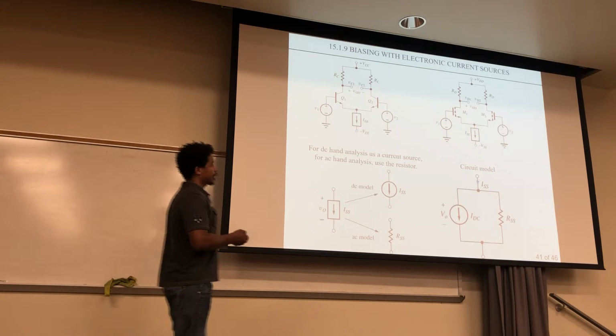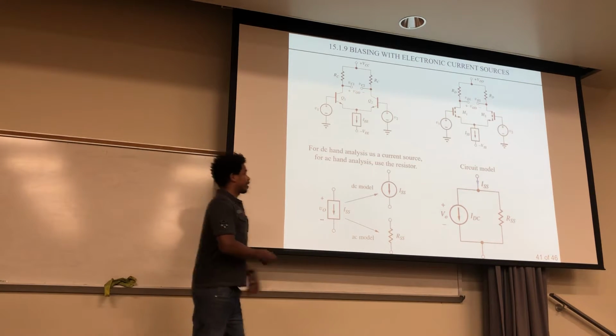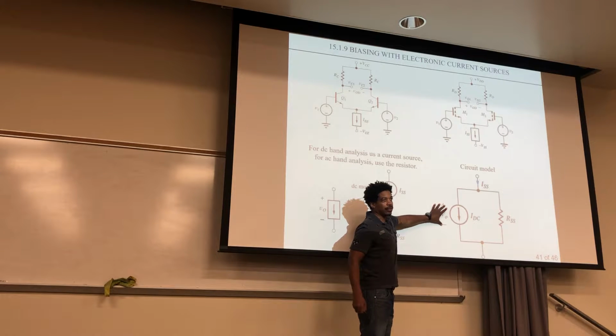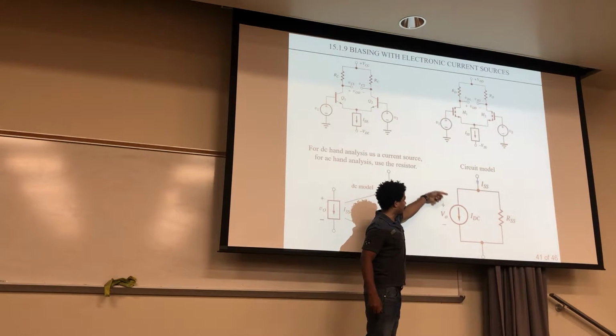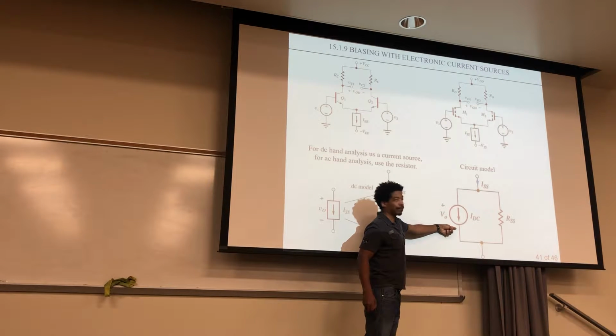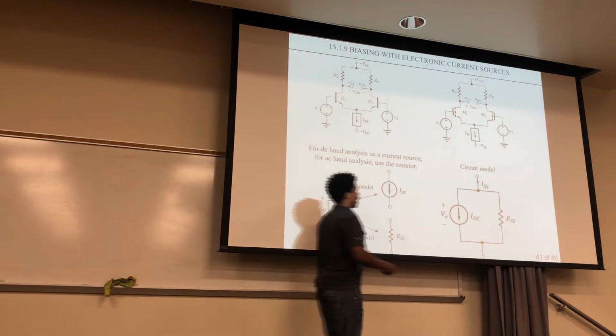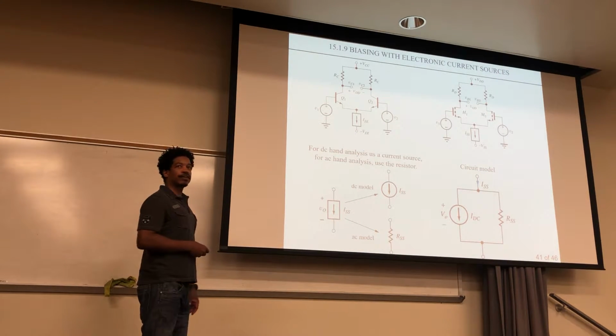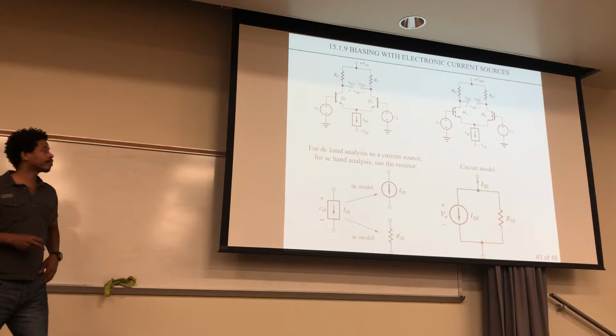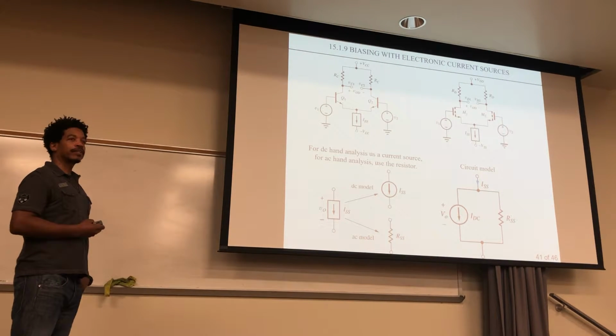Now, for this current source, can someone tell me what the resistance of a current source is? A current source can have a voltage across it, and that voltage can drop one way or the other, with a lower voltage here and a higher voltage there. That is possible. But what is the resistance of a current source? Would it be the voltage across it divided by the current it's pushing?